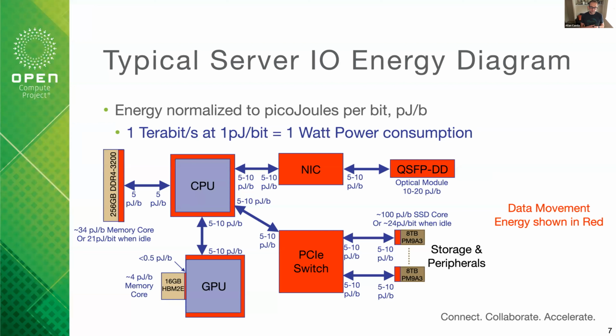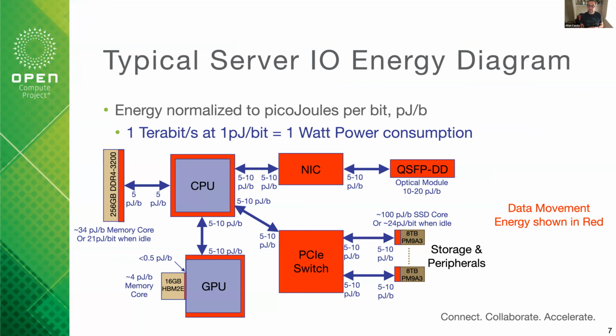So all of the I/Os that are going on, obviously things like NICs and PCI switches, are often just I/O handlers. But I want to emphasize a few specific pieces here. First of all, the HBM: you can see this chiplet connection is 0.5 picojoule per bit, compared to a standard interconnect in the region of 5 to 10.